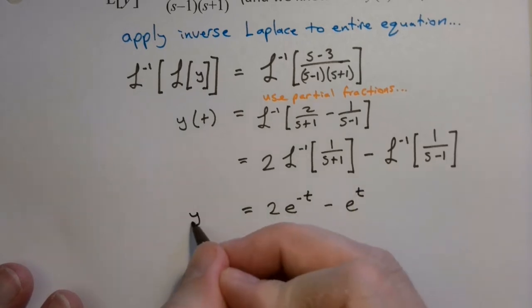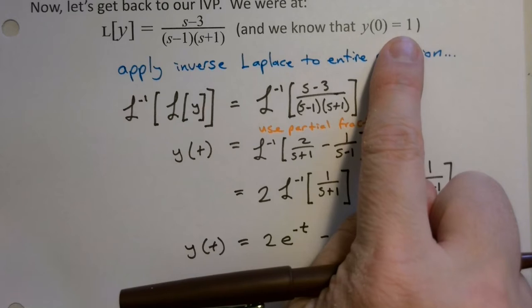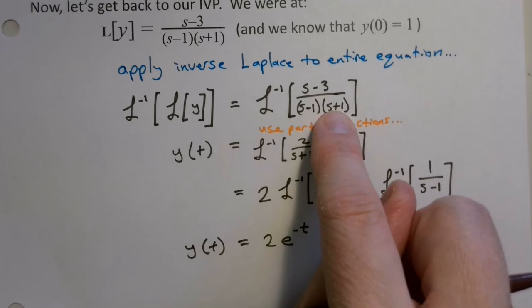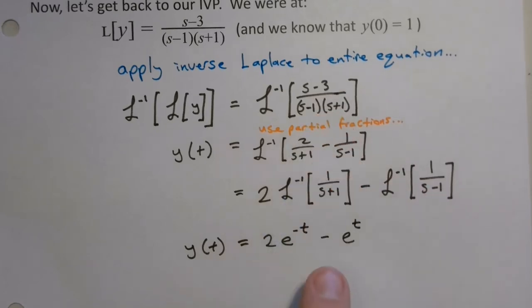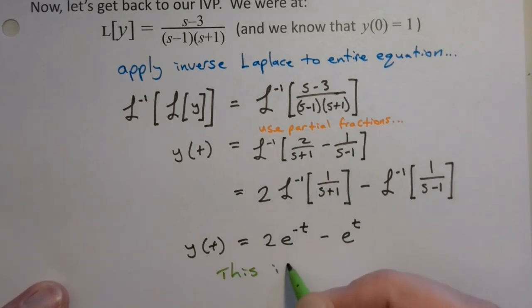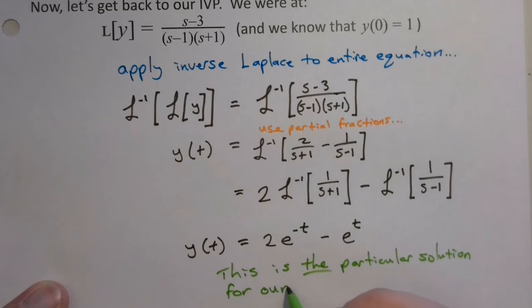So what we've just found is the particular solution. Remember, we included our initial condition in our process. Since the initial condition was included in coming up with this Laplace transform, when we apply the inverse, we actually wind up with the particular solution. So this is the particular solution for our initial value problem.